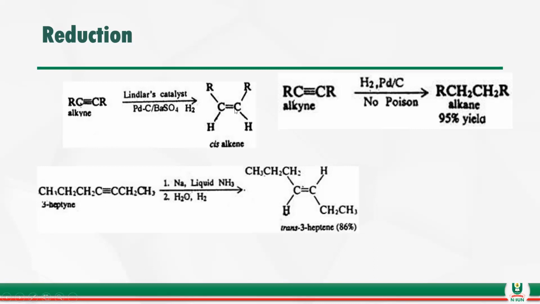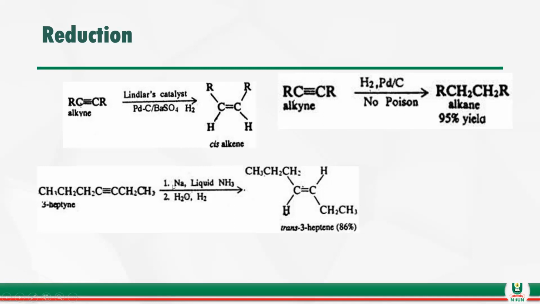However, if this reduction takes place in the absence of Lindlar catalyst or in the absence of barium sulfate, you are ending up with an alkane. But if there is Lindlar's catalyst, you end up with an alkene, a cis alkene actually.